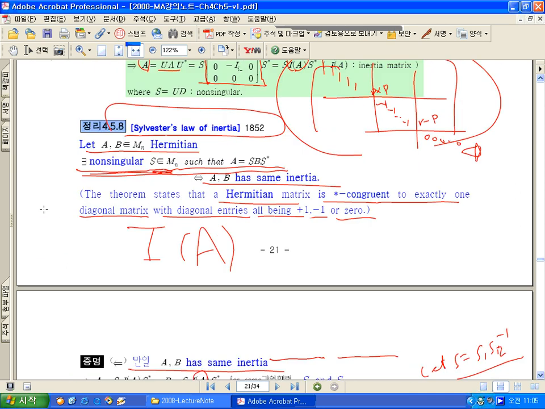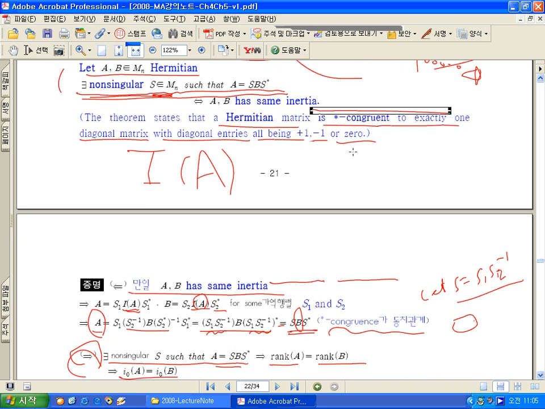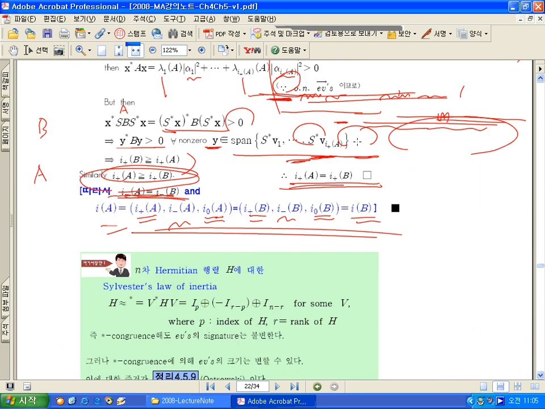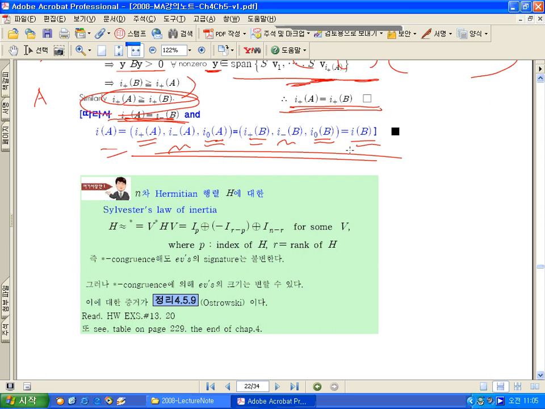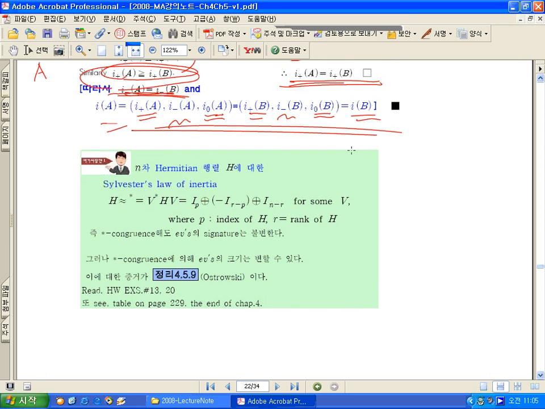So now we have that for two Hermitian matrices, if they are star congruent, then they have the same inertia. That's what Sylvester showed in 1852. That's called Sylvester's law of inertia.